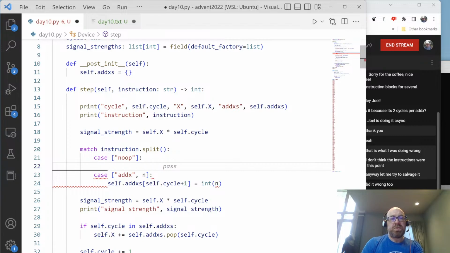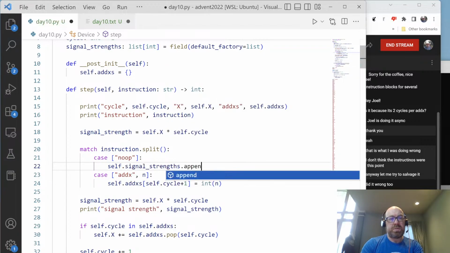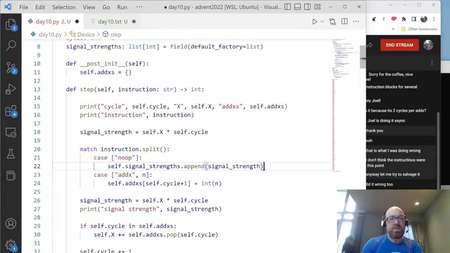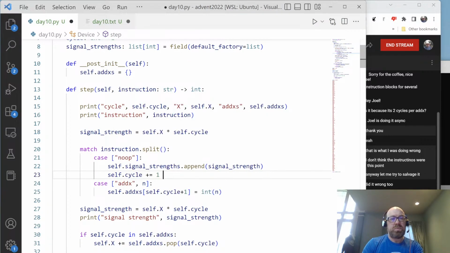So if there's a no op, I want to do self.signal_strengths.append(signal_strength), and then self.cycle plus equals 1.